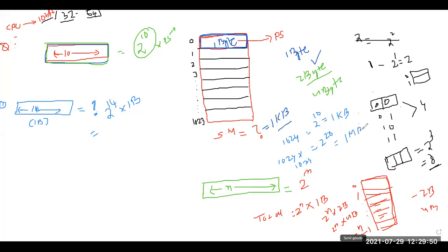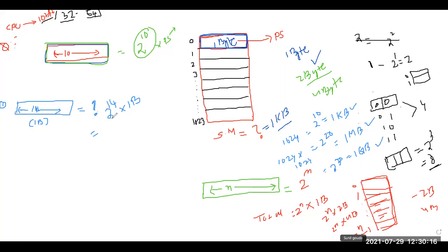Remember this. Similarly, 2 to the power 30 is nothing but 1024 into 1024 into 1024. It will be equal to 1 GB. Is it clear? 2 to the power 10 is 1 KB, 2 to the power 20 is 1 MB, and 2 to the power 30 is 1 GB.